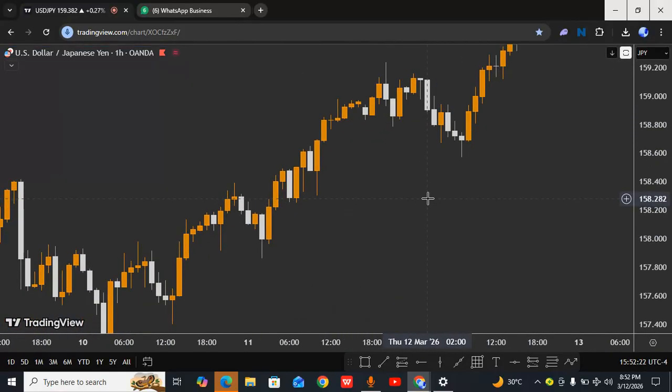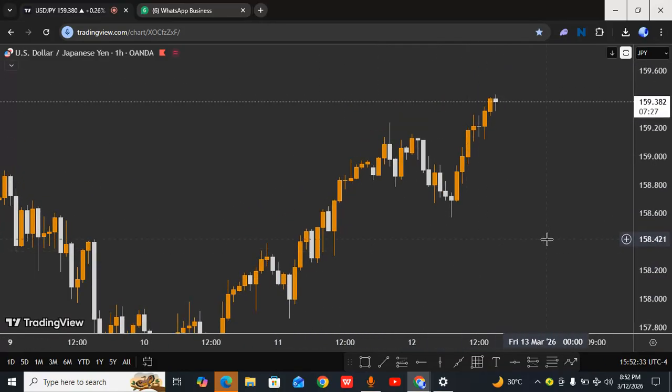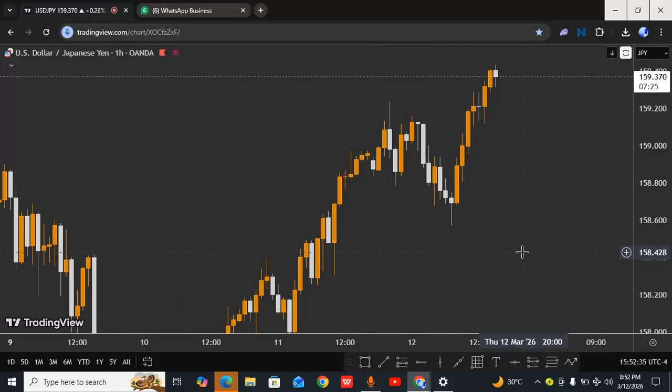So it is just institutions waiting for retailers to sell. These are retailers' orders to sell so that they can push the market upwards. That is one significant feature of a liquidity grab or liquidity sweep, or the market trying to trap traders in a certain direction. So when price got down to the Q zone, let me mark that Q zone once again.